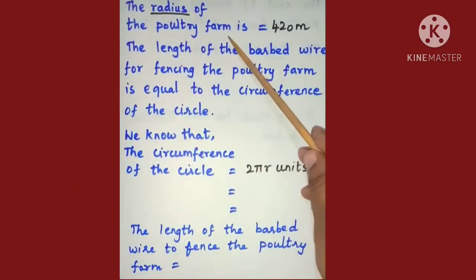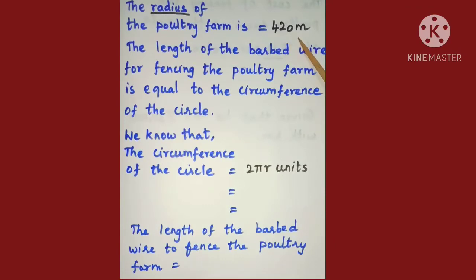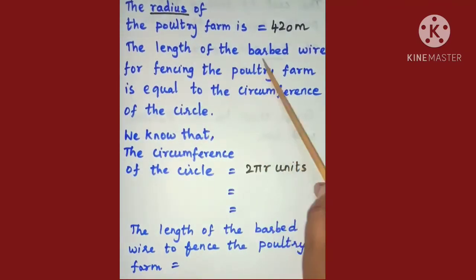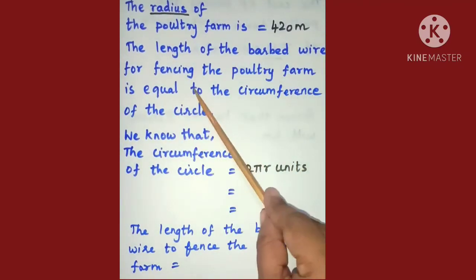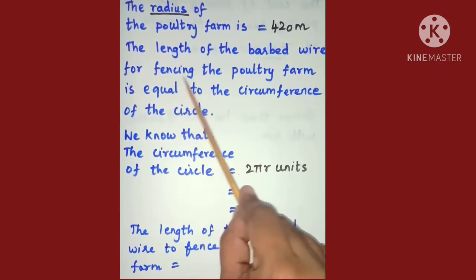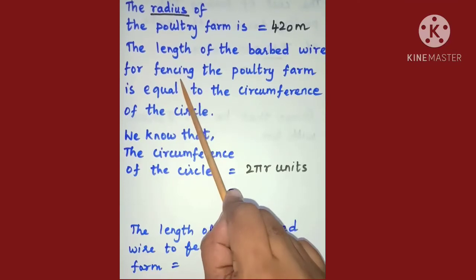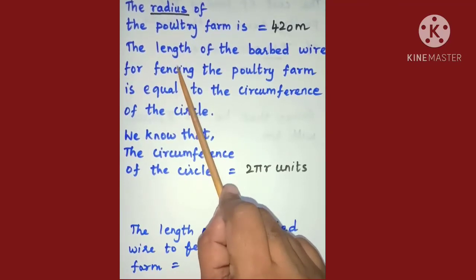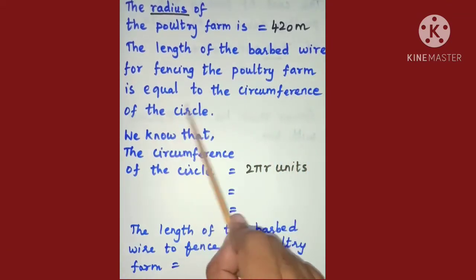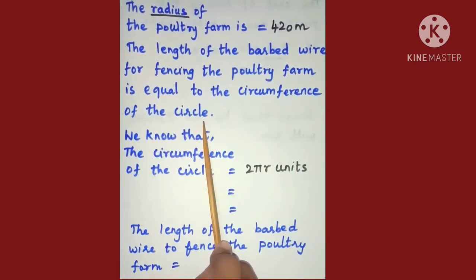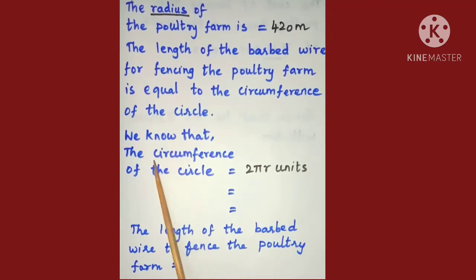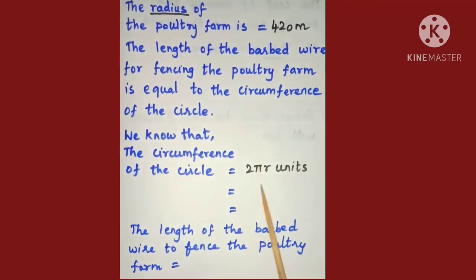The radius of the poultry farm is 420 meters. The length of the barbed wire for fencing, that is the perimeter, the boundary of the circular poultry farm, means the circumference of the circle, which is 2 pi r units.